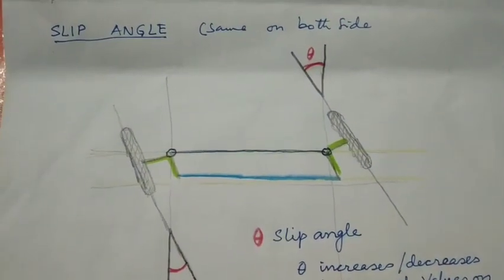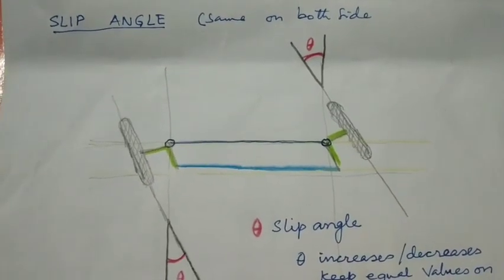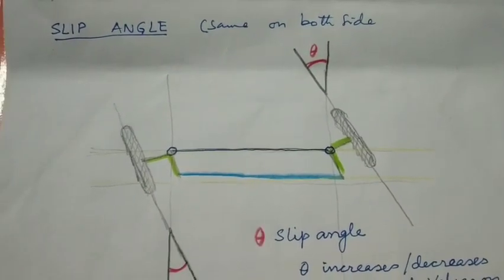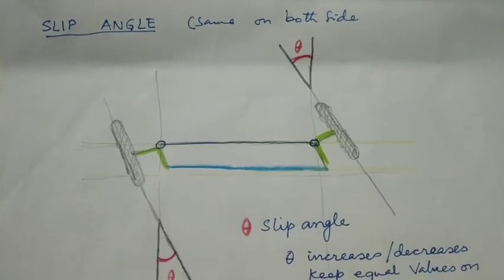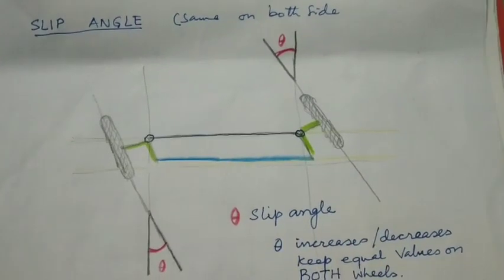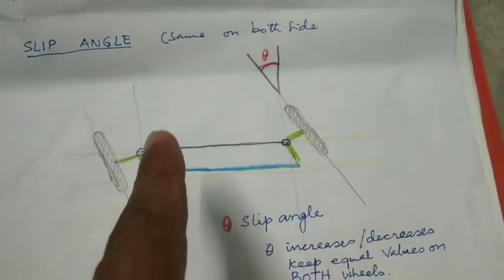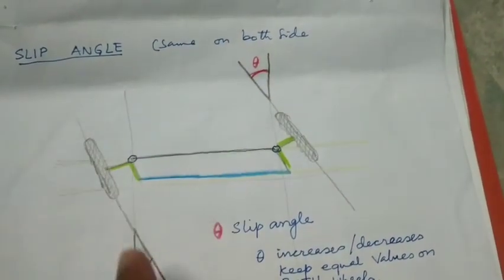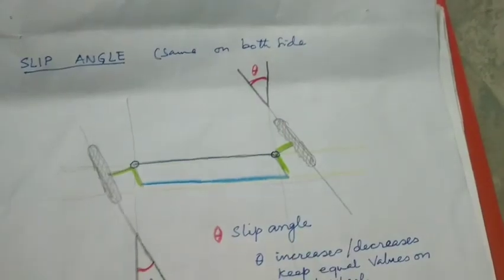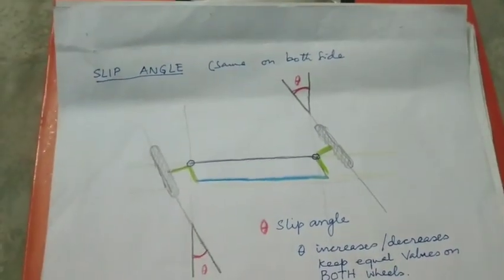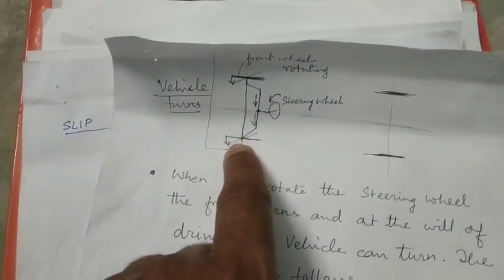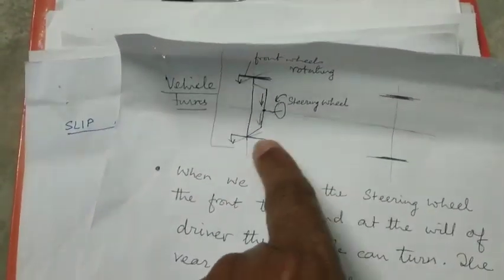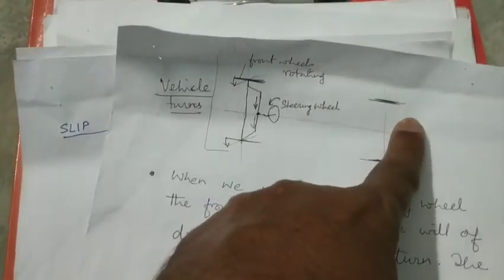Okay, so if we talk about the 4-bar mechanism, then we have to understand slip angle. What is slip angle? There is a line which is drawn parallel to the front wheel and the back wheel. If you see this line from the front wheel to the right wheel, there is a line which can be drawn from here to here.